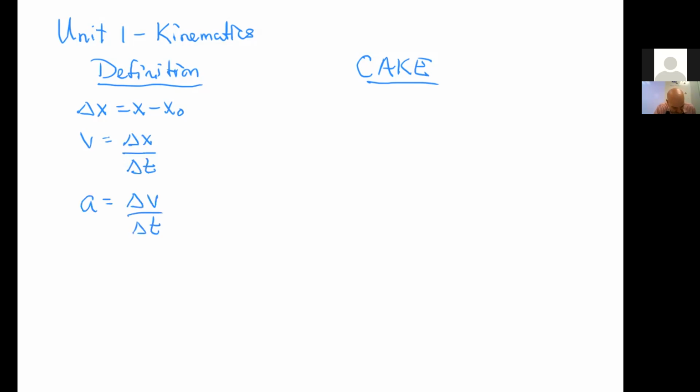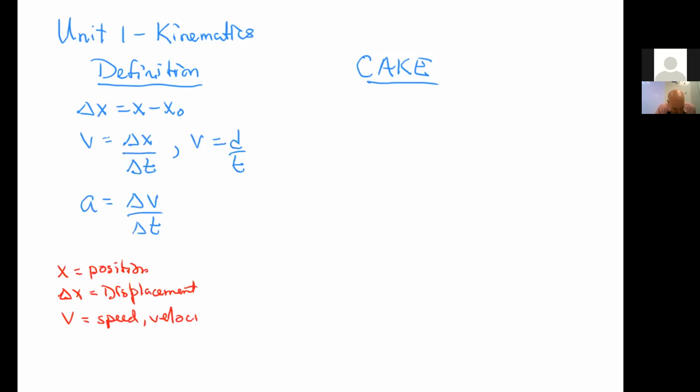So x is position, delta x is displacement, v is speed or velocity. And generally, if we want it to be velocity, we'll put that little vector arrow over it, or in textbooks it's boldfaced. t is time, and a, again, is acceleration.